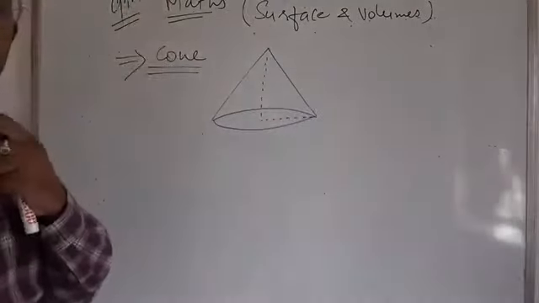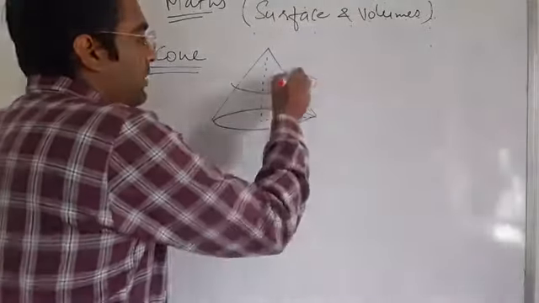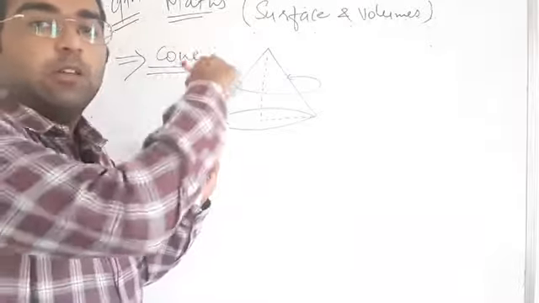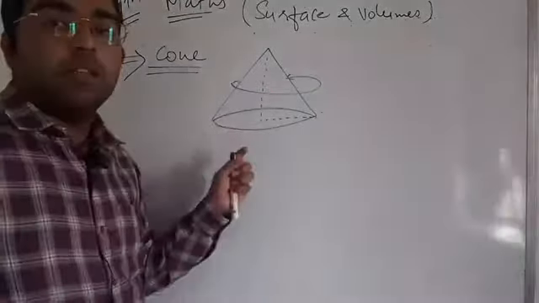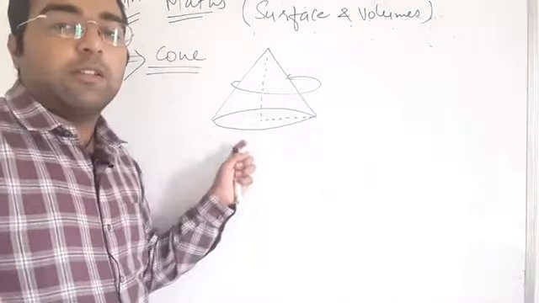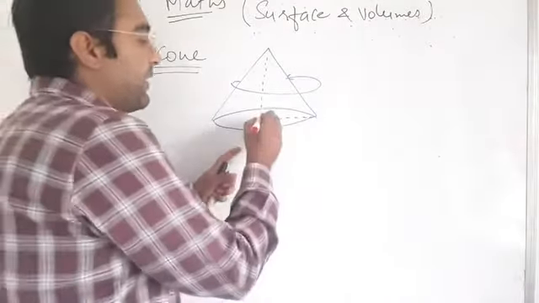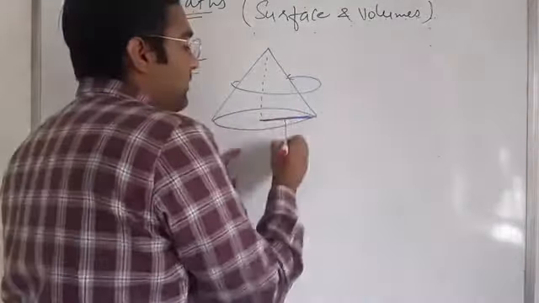Here in the cone there is a curved surface. This is the curved surface of the cone. From the topmost part, and at the bottommost part, there is a circular part. Now here is the radius of the cone.